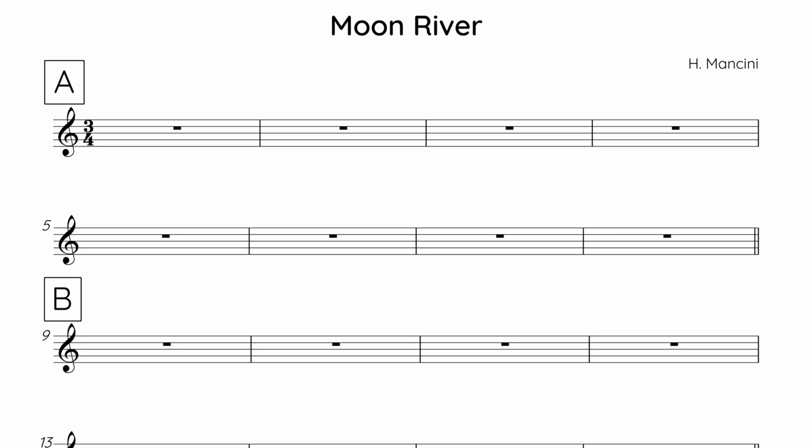So, the A section harmony begins on chord 1, C major 7.